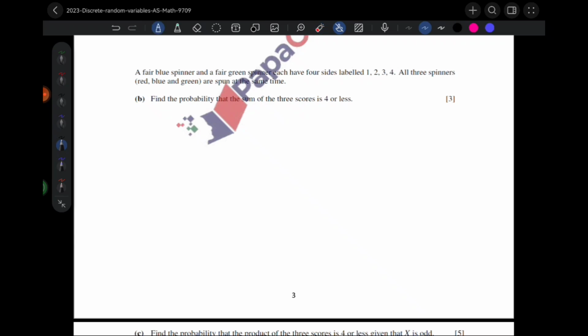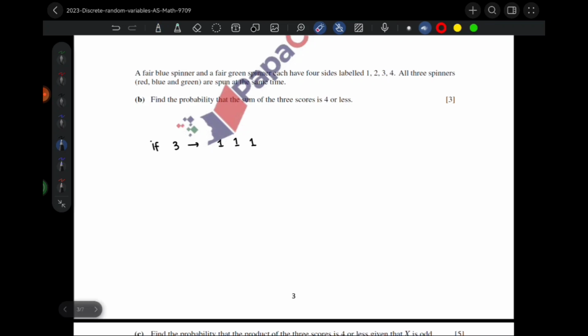The maximum value is 12 if all of them score 4. That means for this question we need to find just 3 or 4, because the objective is to score 4 or less. If the sum of the score is 3, there is only one possibility here.